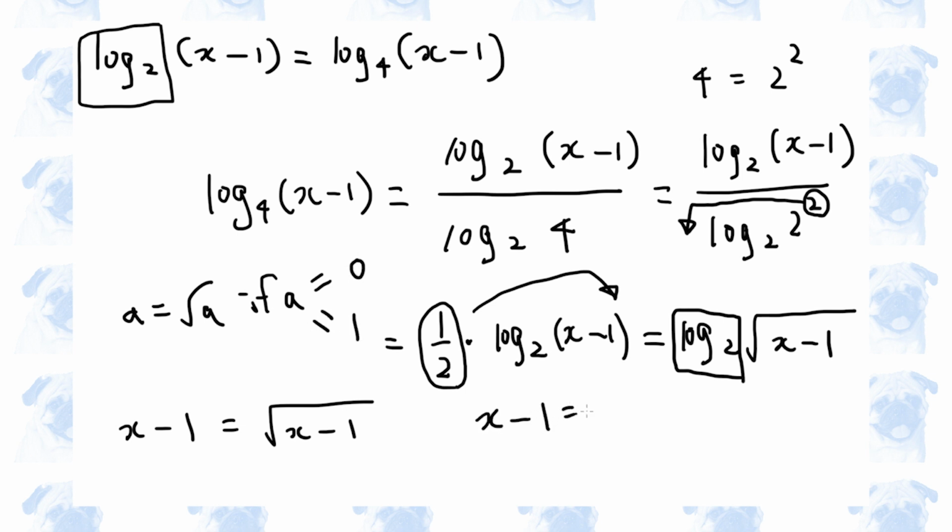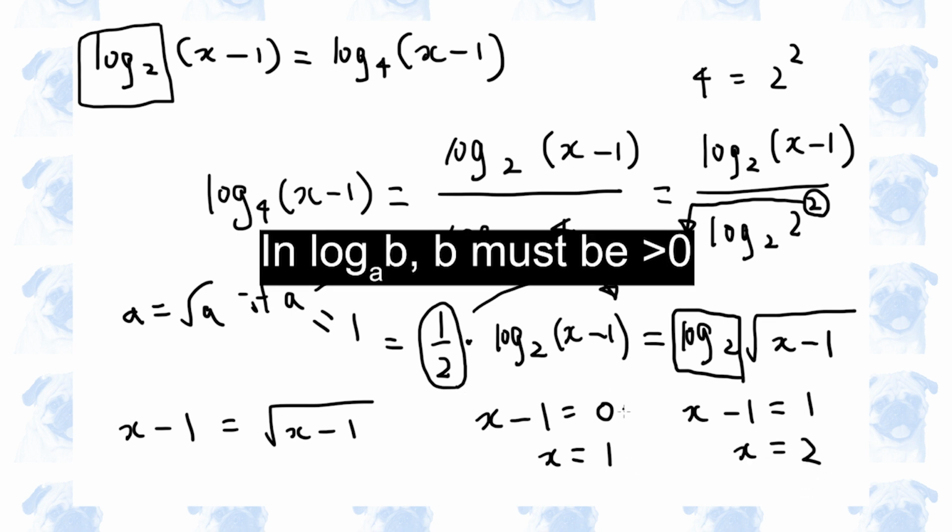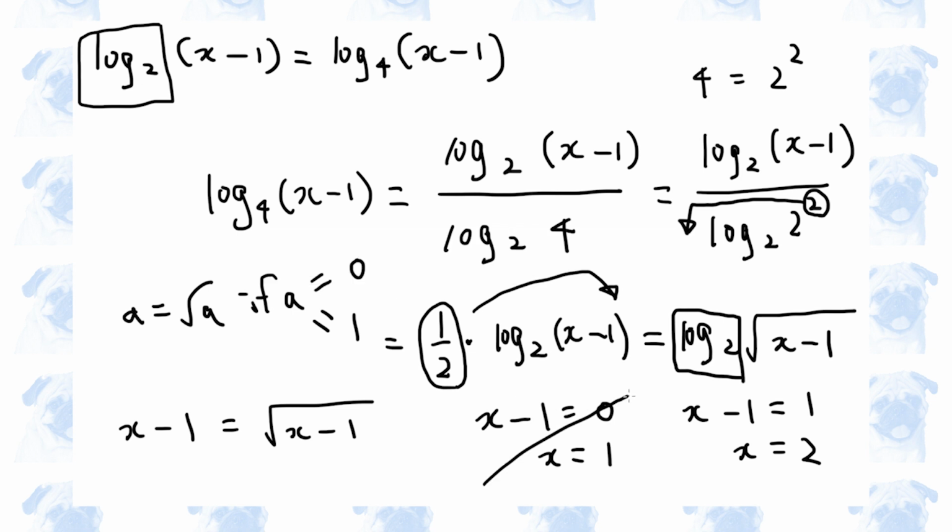X minus 1 is 0 implies x is 1, and x minus 1 equals 1 implies x is 2. If we assume the former case, then we would have log base 2 of 0, which is not allowed. So x must be 2.